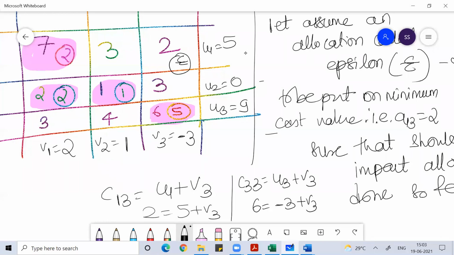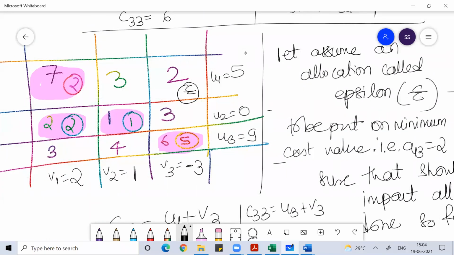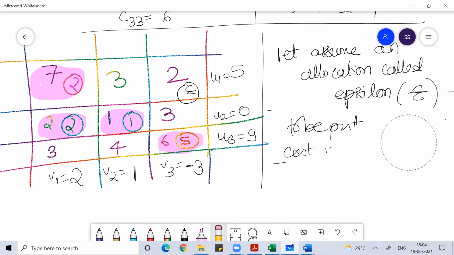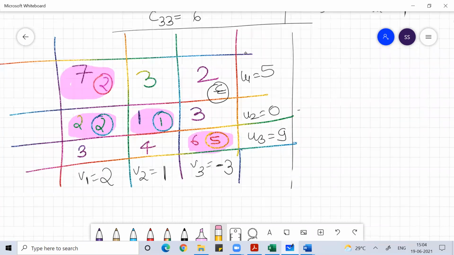So with this, I found U1, U2, U3, V1, V2, V3 values, guys. All these values I found. Clear, everyone?